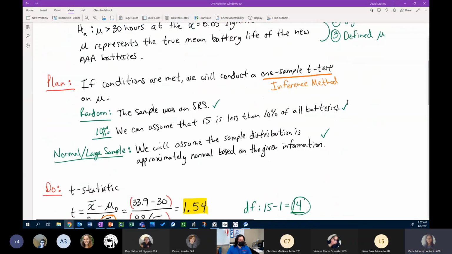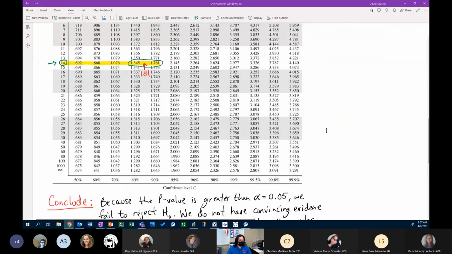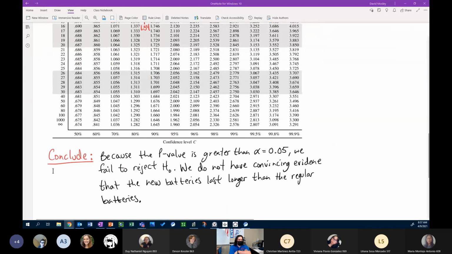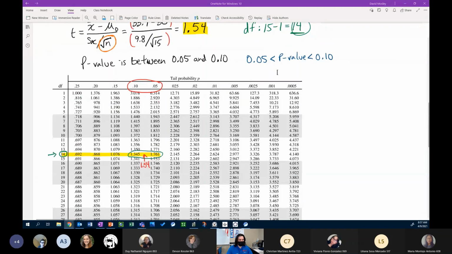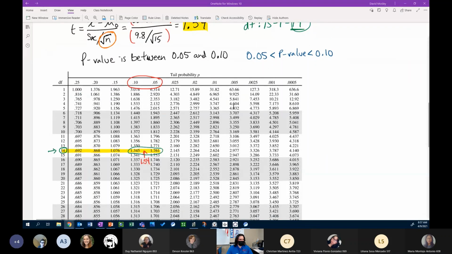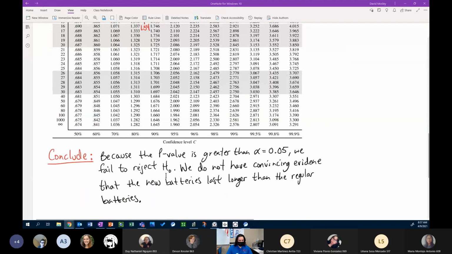All right, so we've done our math here. Now we write our conclusion. Because the p-value is greater than alpha equaling 0.05, and we know that even if we didn't use the calculator, because the inequality we have here says that it is greater than 0.05, we fail to reject the null hypothesis.